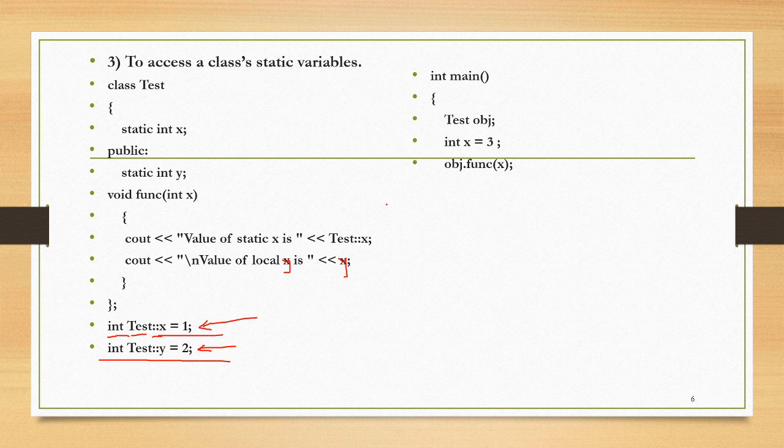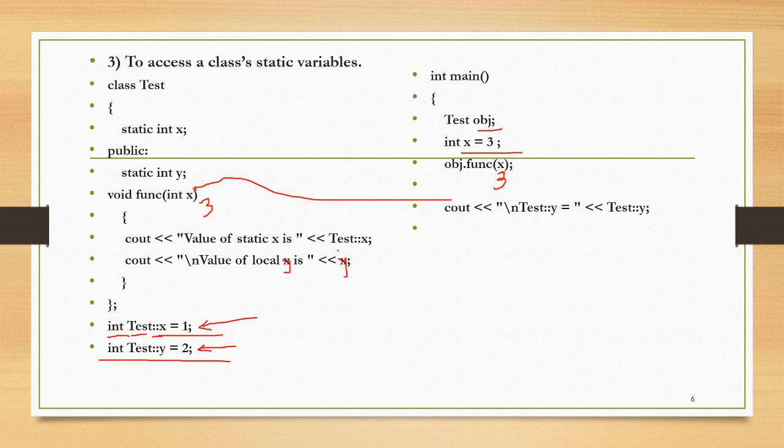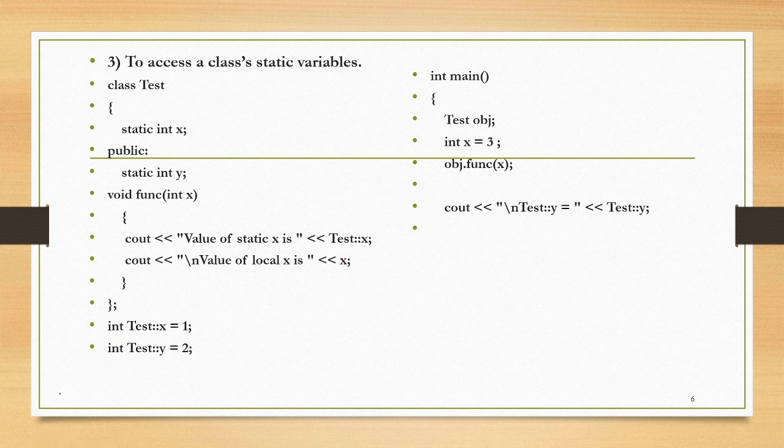So in the main we have created the object of Test, obj, and we have initialized x to 3, and we have called the function obj dot function x. We have passed the value 3 here, which is received in the function as x, that is 3, and then it is printed here, that is called the local variable. x is printed here, and the static variable value x is printed here.